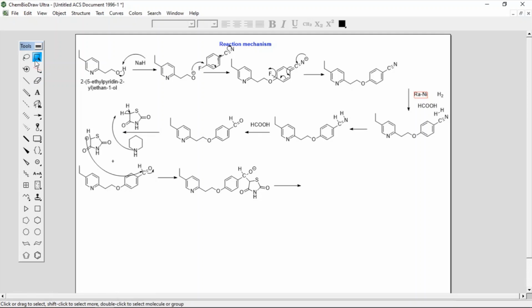So there are 2 hydrogens attached to this piperidine nitrogen, and there is a positive charge on it. So this oxygen anion takes this proton and converts to OH.